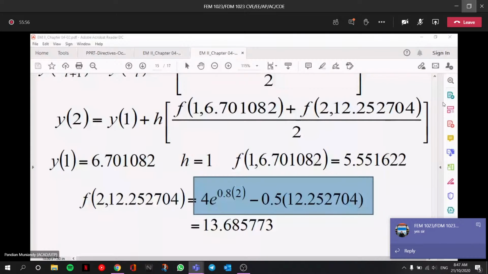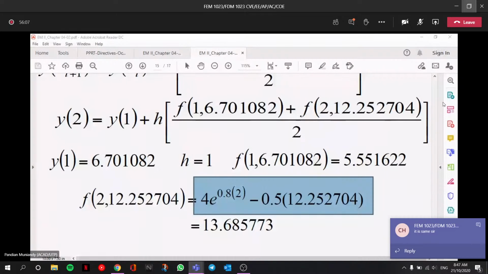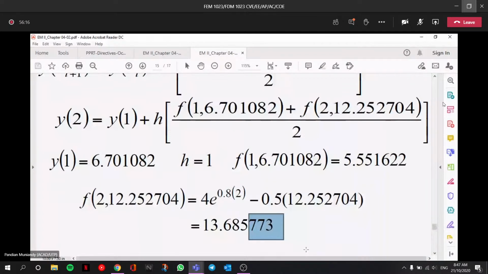Check the decimal number, please. No, Chair. Please check. There is a problem here. Is this correct?